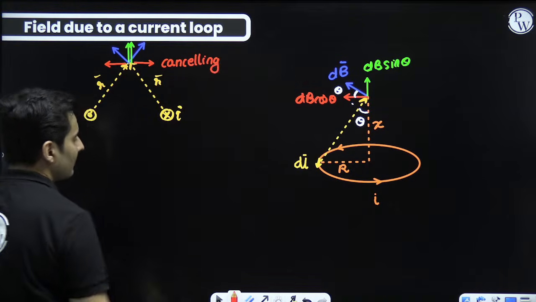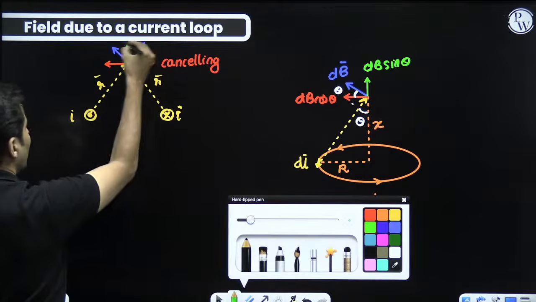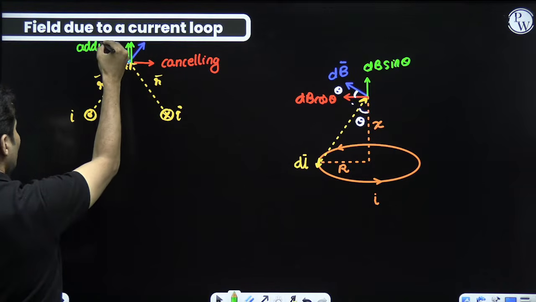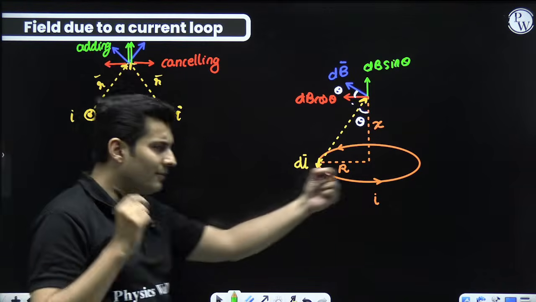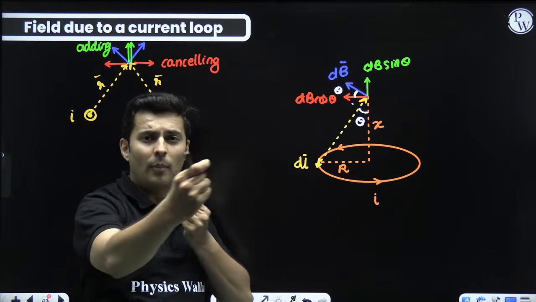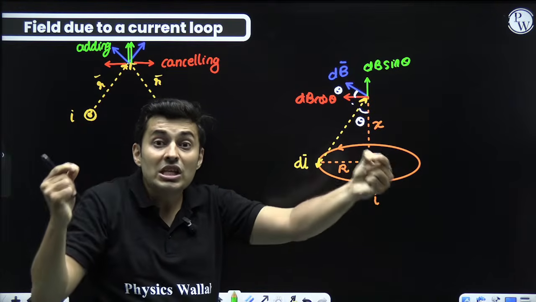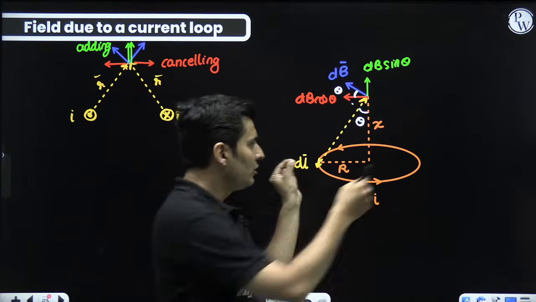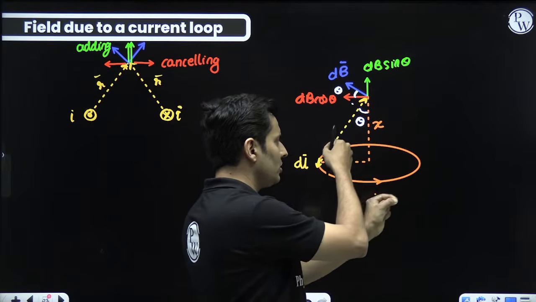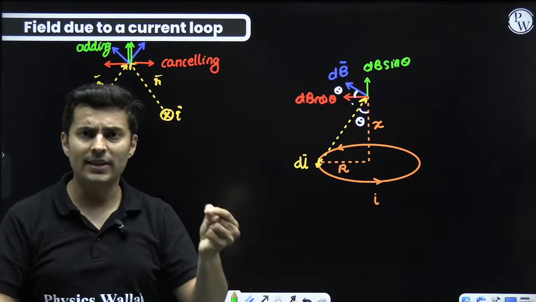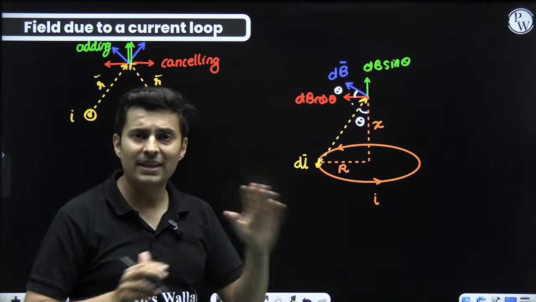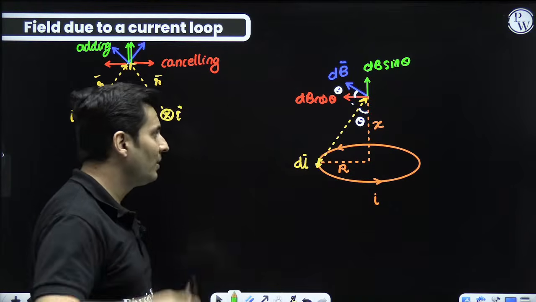They are cancelling. But these two end up adding. Now if you do that for every pair of opposite elements in that circle, all of them, the dB cos thetas will cancel, dB sin thetas will add up.